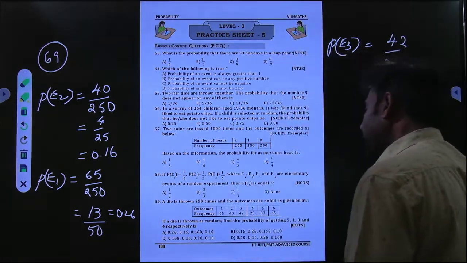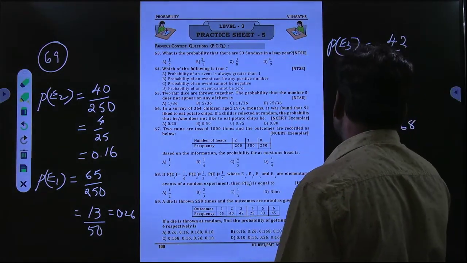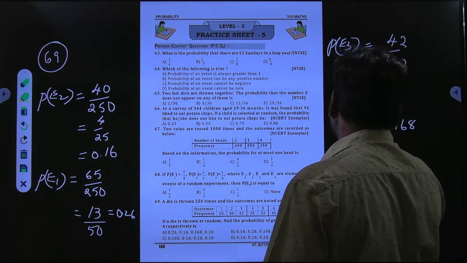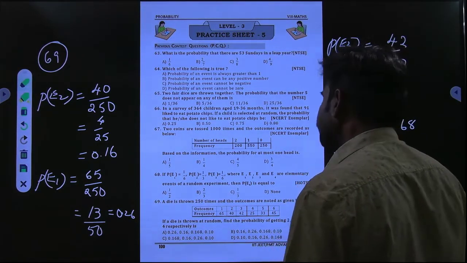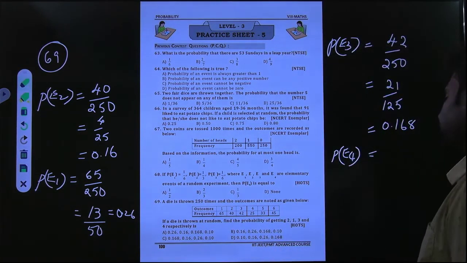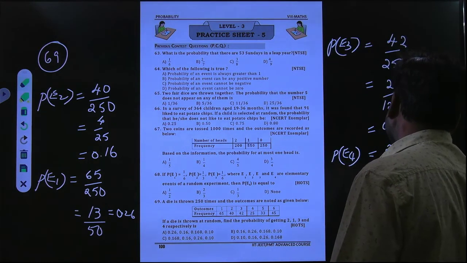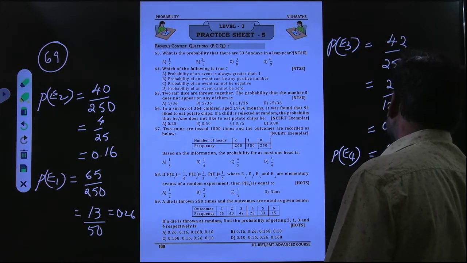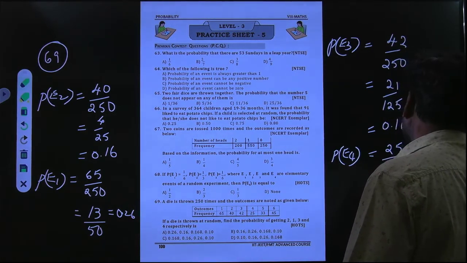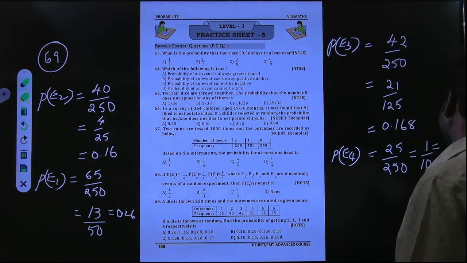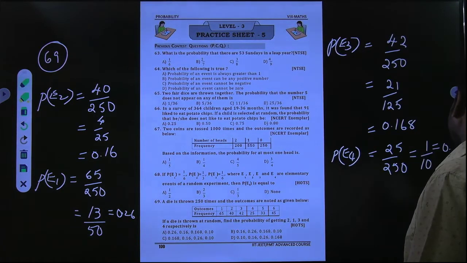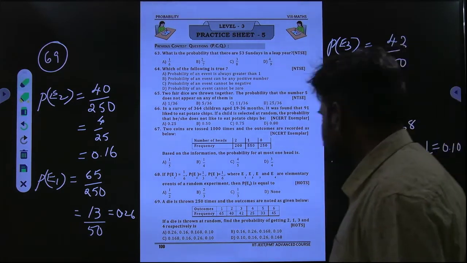Next, the probability of getting 4. Let us take it as P of E4. P of E4 is equal to the frequency of 4, which is 25. Then P of E4 is equal to 25 by 250. 25 ones are 25, 25 tens are 250, so 1 by 10. 1 by 10 can be written as 0.1 and also as 0.10.